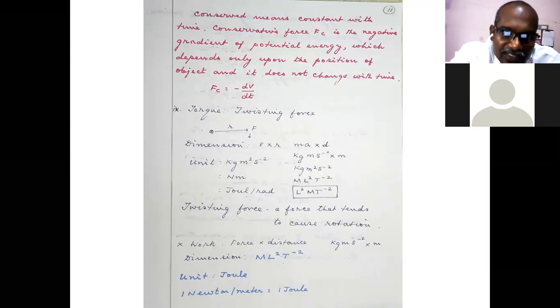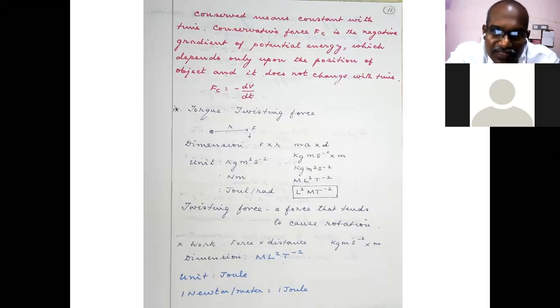Why am I explaining this? A force is not only mass multiplied by acceleration, it is also the negative differentiation of potential energy. Negative differentiation of potential energy is also force, which is the conservative force, meaning it depends only upon the position of the object and does not change with time. As time goes on, the force remains constant.